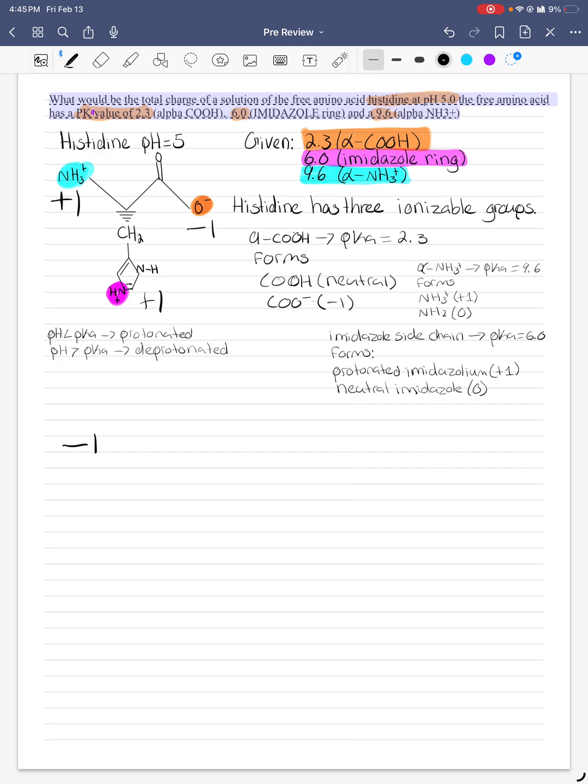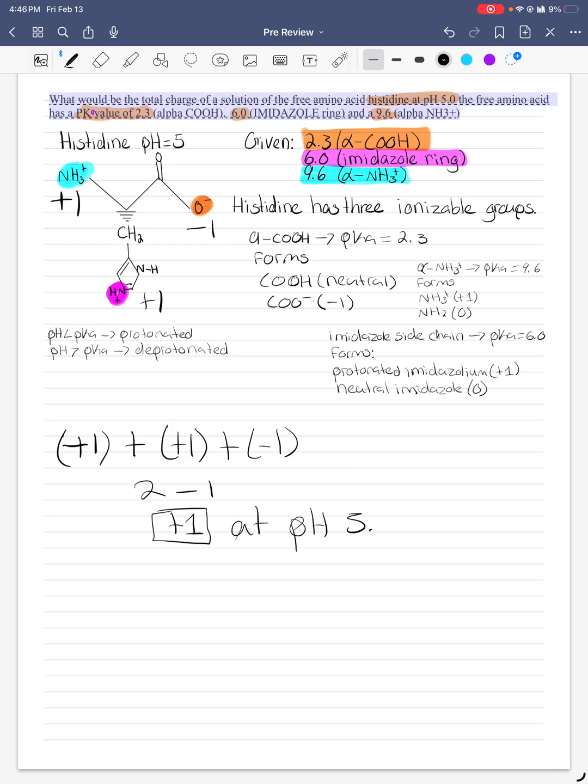This is +1 for the NH3+. It is protonated because the pKa is greater. So +1, right? +1. And then we have -1. We know this is 2. You take -1 from the 2, and we get +1. So this will be the total charge of histidine at pH of 5.0.